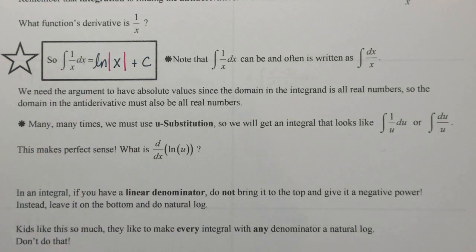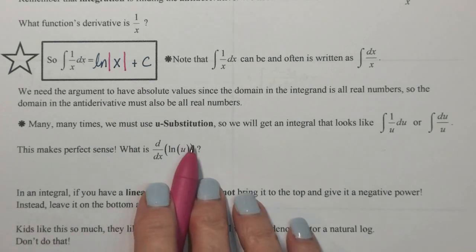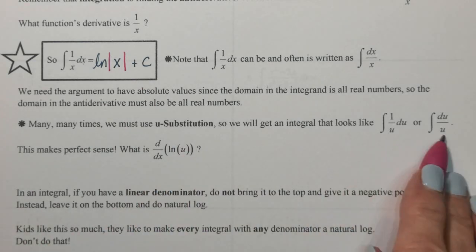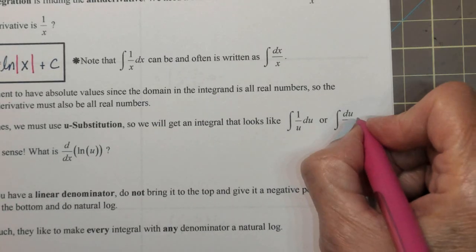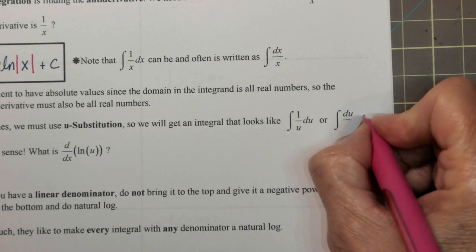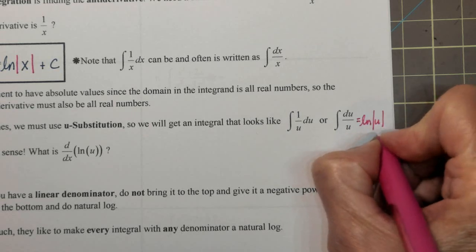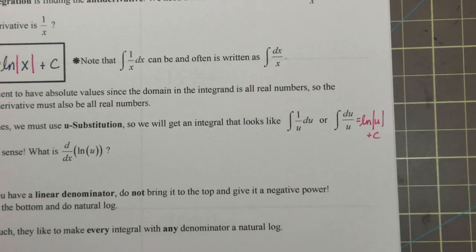It'll be 1 over something else that we need to do a u sub with. If we do a u sub, we're going to get an integral that looks like this. Okay? And so the antiderivative of du over u will be ln absolute value u plus c.